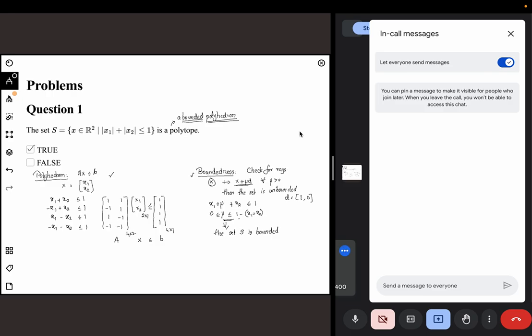Instead of doing all these things, since it is in 2D, it's quite easy. You can just take a plot of it. If you just plot, it would be something like this. This is my 1, minus 1, 1, minus 1. And since it is less than or equal, this will be the entire region that is inside this one.